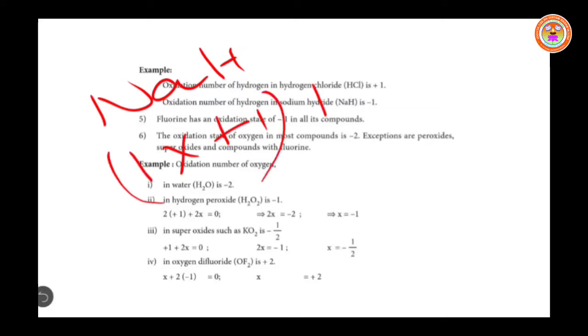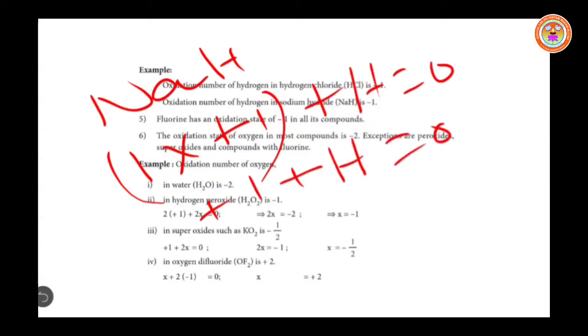So 1 into plus 1 plus hydrogen is equal to 0. Therefore hydrogen is equal to minus 1. In all hydrides, the oxidation number of hydrogen is minus 1.